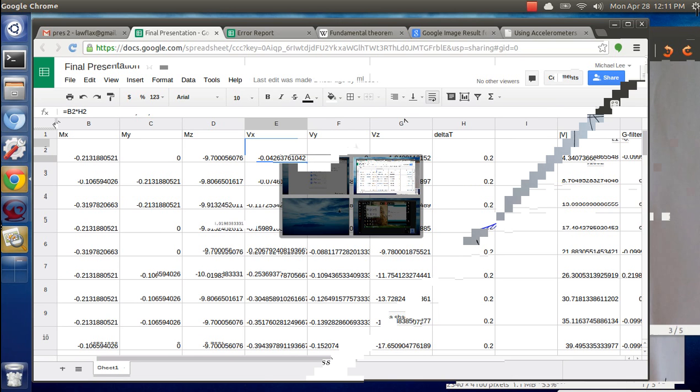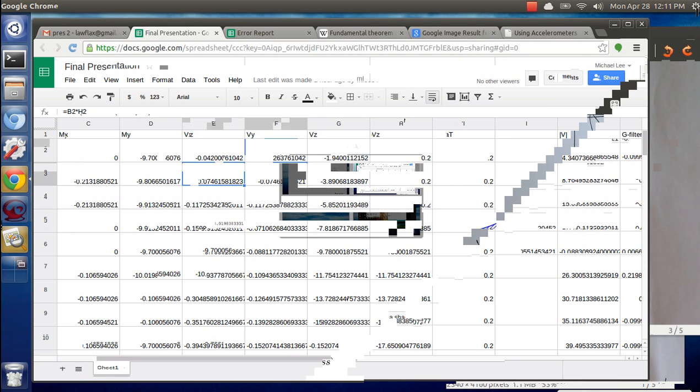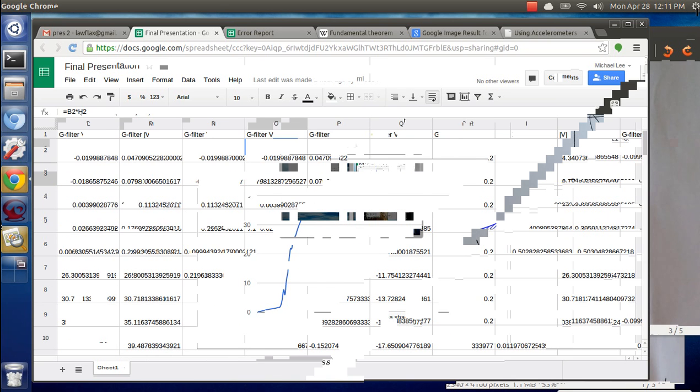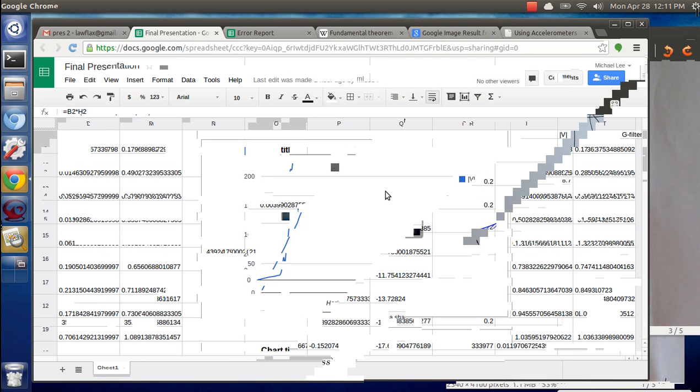That's what this is right here. And I'll explain why I'm using this average thing in a little bit. Basically, I calculate these velocity vectors for each axis, my x, y, and z, and I get this result vector here. I made a little graph to show its results, and here it is.